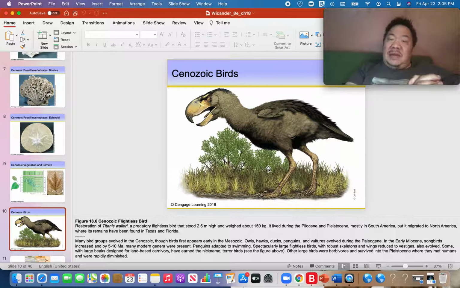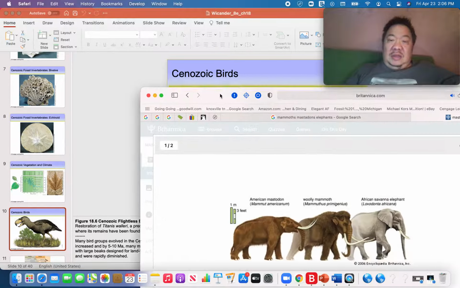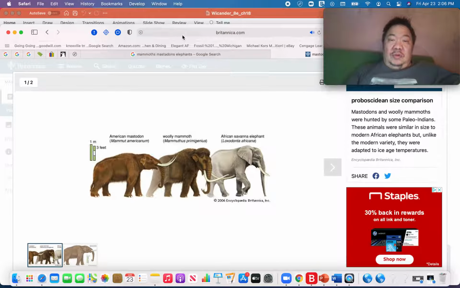But once the dinosaurs disappeared, opportunity knocked for the other types of animals to evolve to fill the ecological niche, which we call that of the predator. And at first, it wasn't clear as to who would occupy that spot. At the very beginning of the Cenozoic, giant Cenozoic birds like this one were the most common predators, and they dominated for a long time.